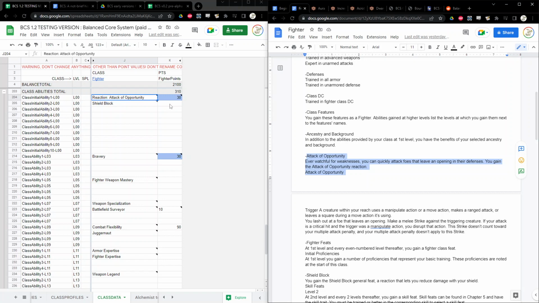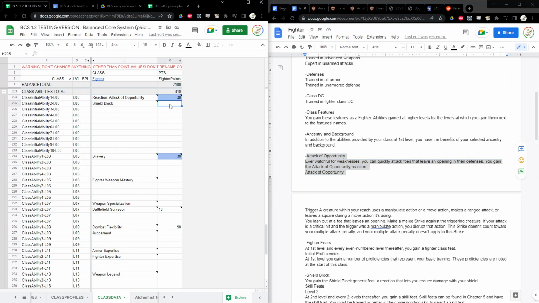The first and best place to figure out values, if you're evaluating an existing class, is to go and look at its archetype. That's what I did across all the classes, and it helps a lot. I look at the archetype first. In the fighter archetype, there's a level 4 feat that gives attack of opportunity. Well, then a level 4 feat would be 30 points as a class feature.